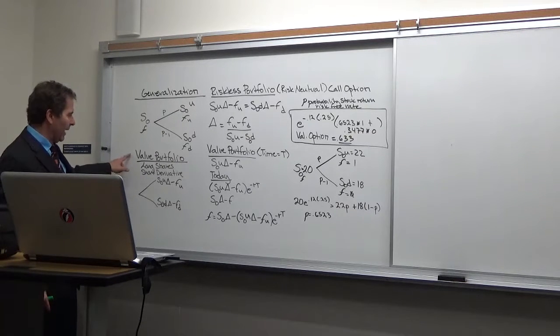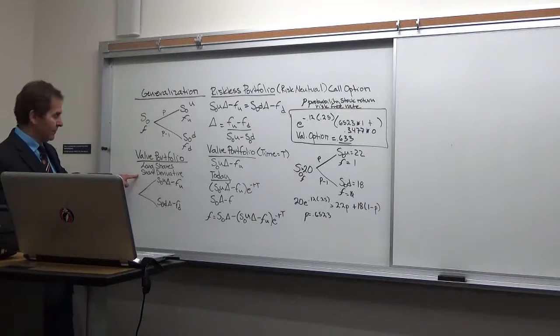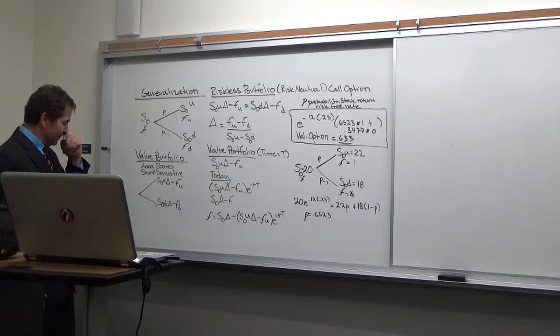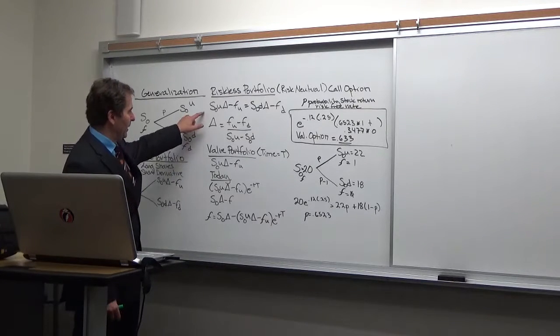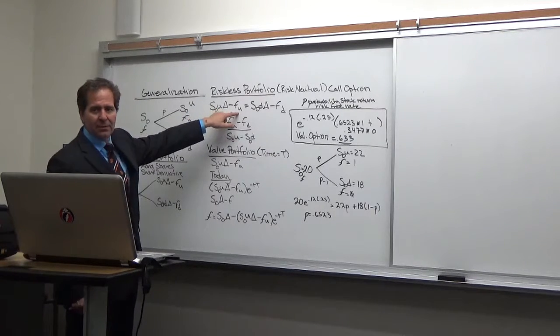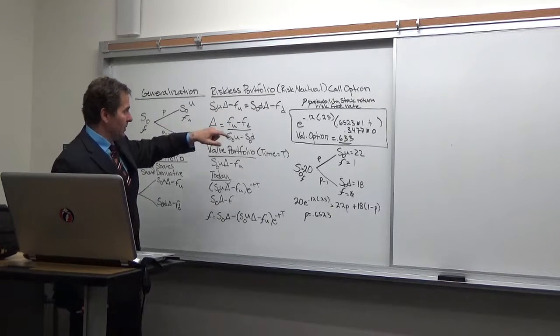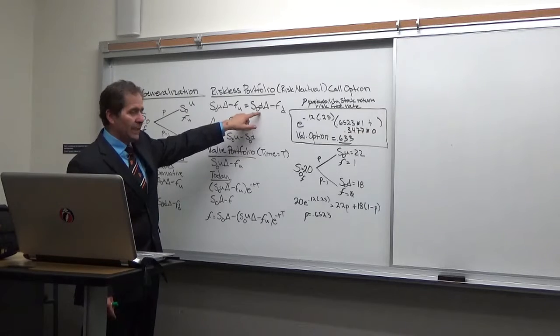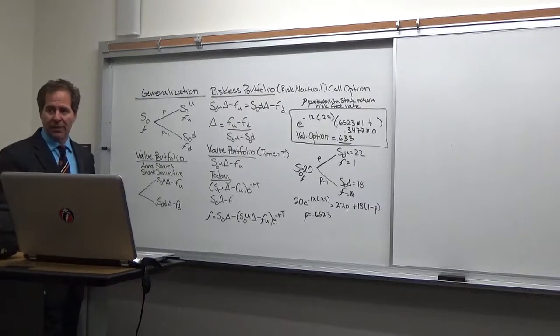So you can figure out the value of the portfolio as we did by going long the shares and shorting the derivative. You can create a riskless portfolio through the share on the up times delta minus the option contract value on the up, equals the stock value on the down times delta minus the option value on the down.